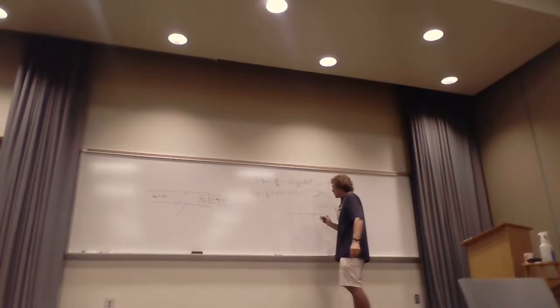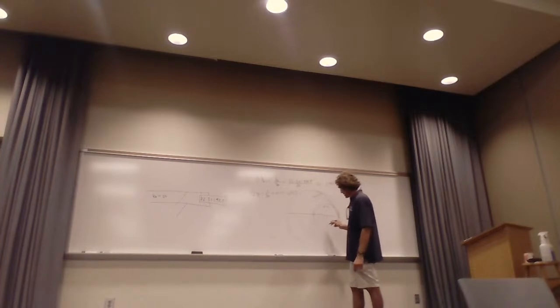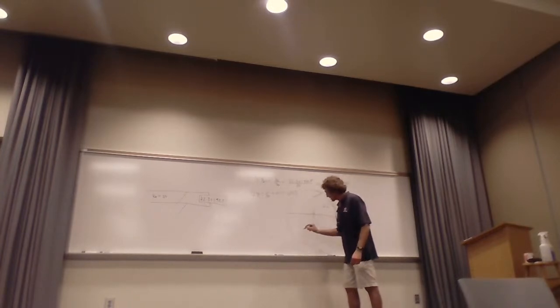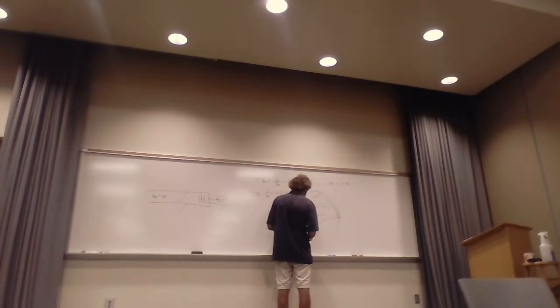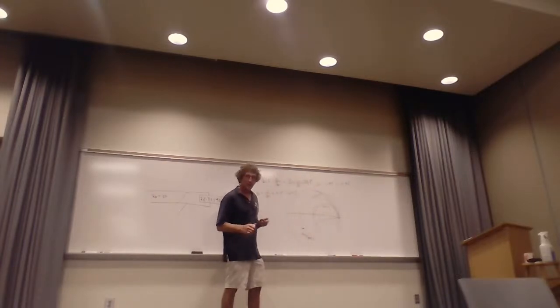And minus j0.3 is going to be somewhere out here. This is going to be your point, which is 0.51 minus j0.3. Y'all see that?